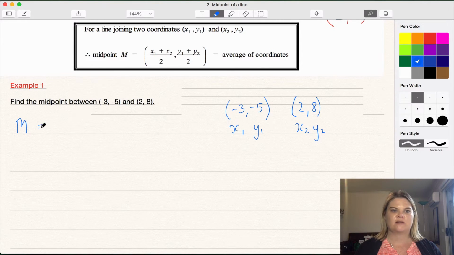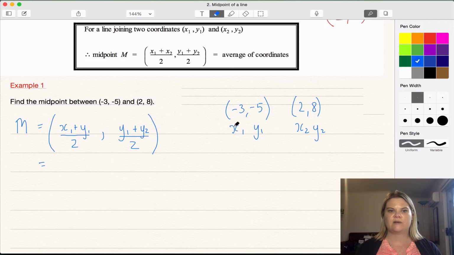Firstly, I'm going to write out the formula I'm choosing to use. x1 plus x2 over 2, comma, y1 plus y2 over 2.